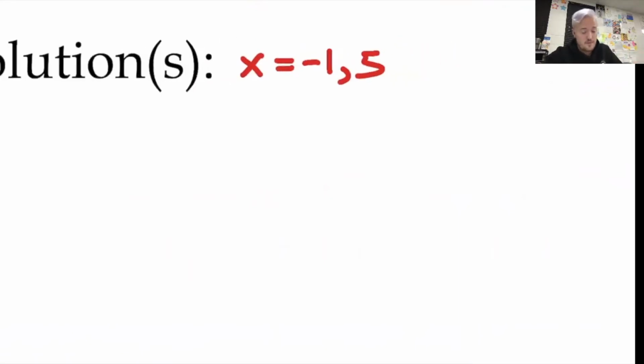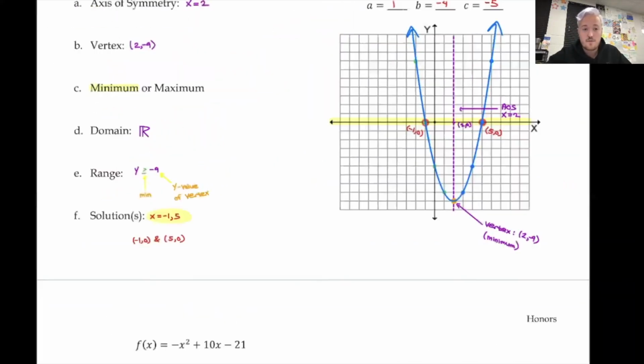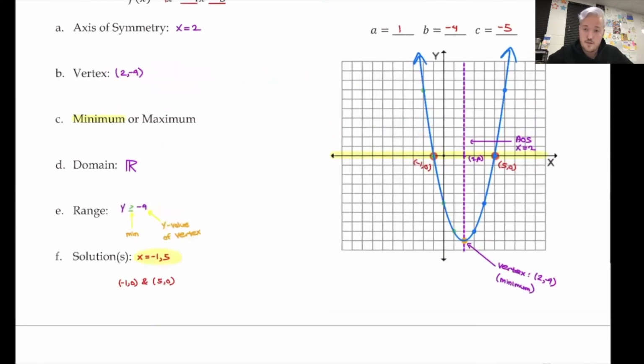But if you do want to write them as coordinates, then you could say -1, 0 and 5, 0. It's really up to you. It's mostly going to be written as just the independent x values, but either of those is accepted. It does not matter which one.